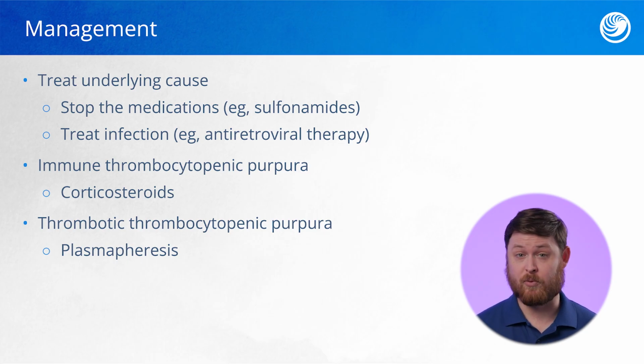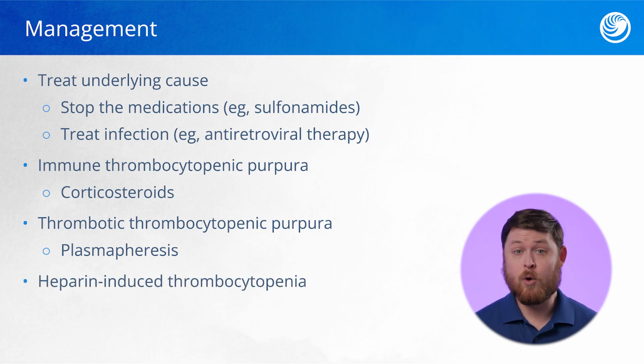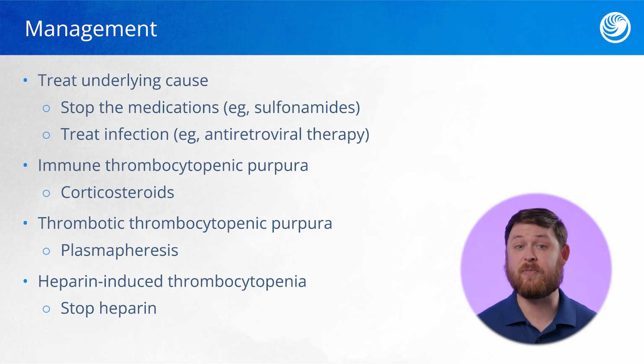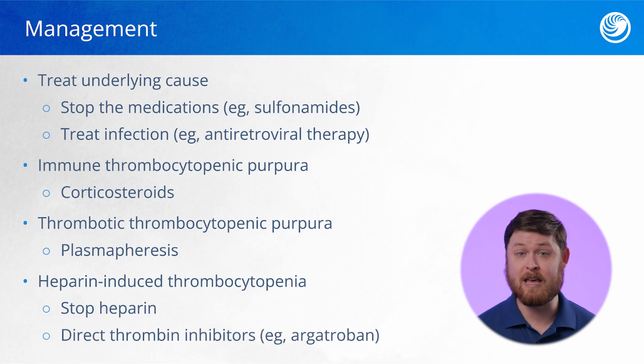Now with plasmapheresis, we should anticipate administration of corticosteroids to suppress the client's immune response. And for HIT, we should first stop heparin to prevent autoantibody formation. After heparin has been stopped, the client will need to continue anticoagulation with direct thrombin inhibitors, such as argatroban, to prevent thrombotic events from occurring.